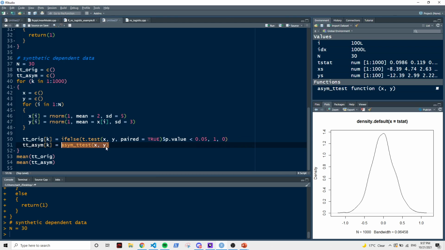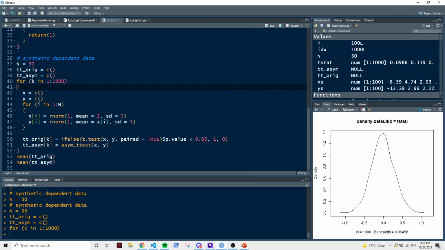And then I'm using our asymptotic test, which is all of the math that we just derived. And I'm using a significance of 95%. And so here I am checking if it's below the 0.05 alpha. And then I'm simulating this 1,000 times, mainly because R is a little bit slow, so 1,000 is a decent speed.